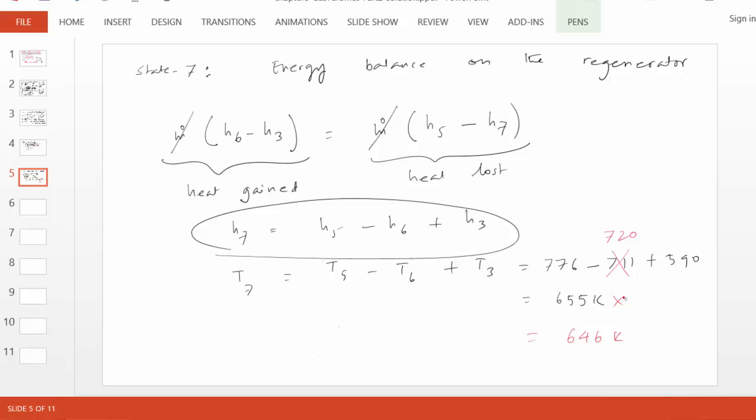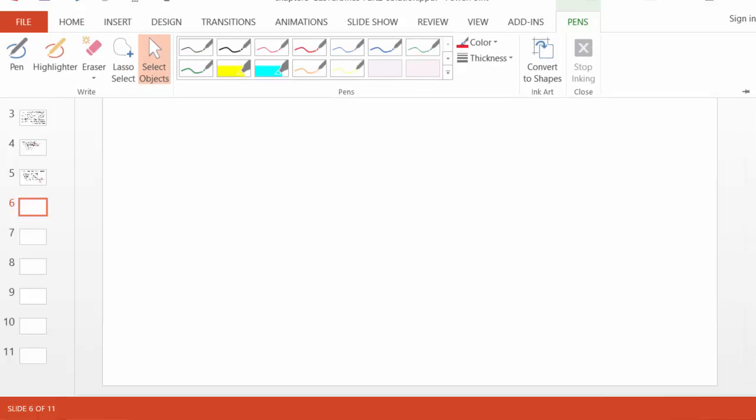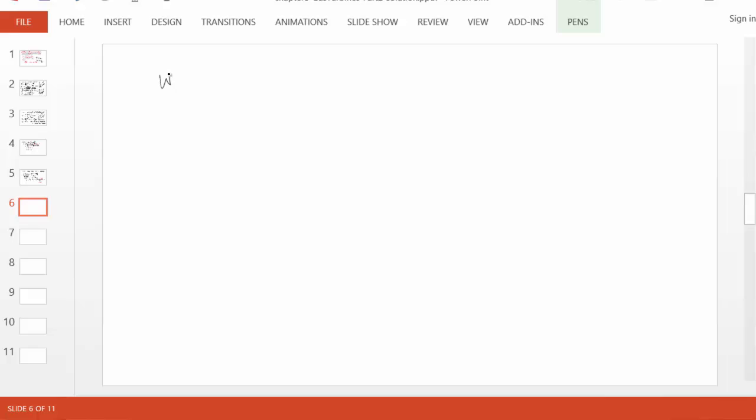We can now easily calculate W dot net and Q dot in. W dot net is turbine work minus compressor work.